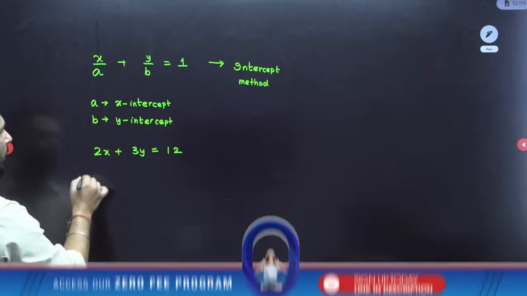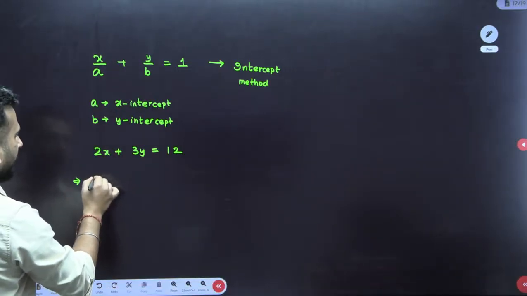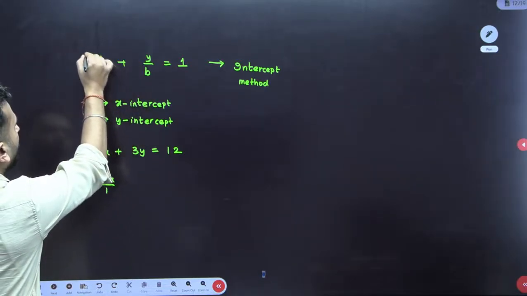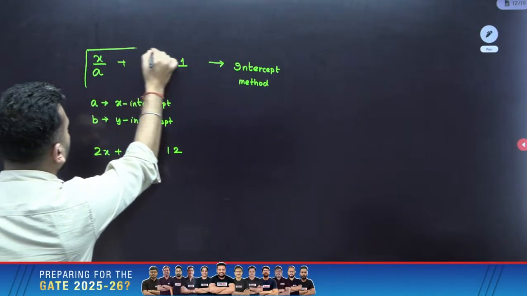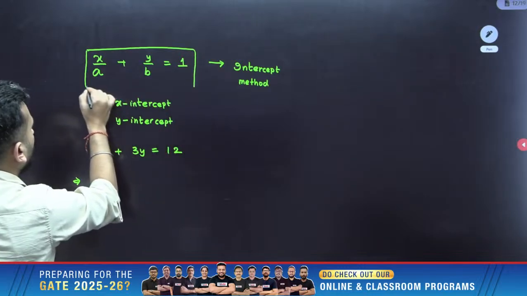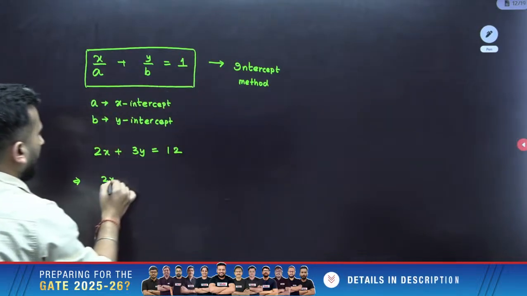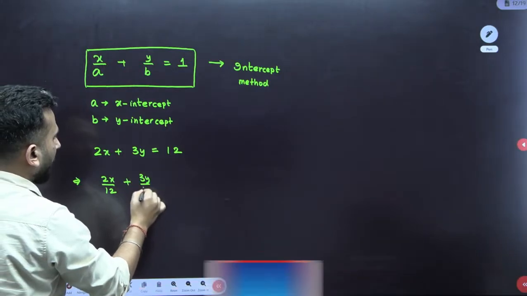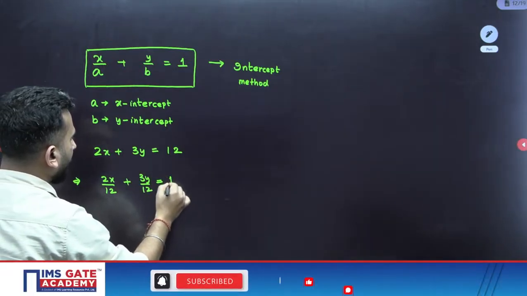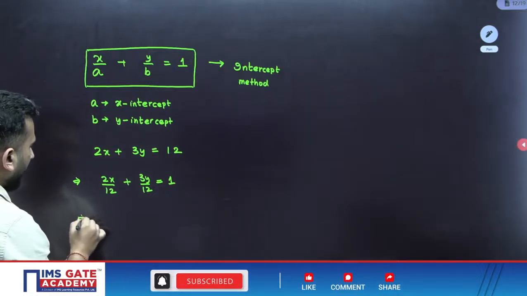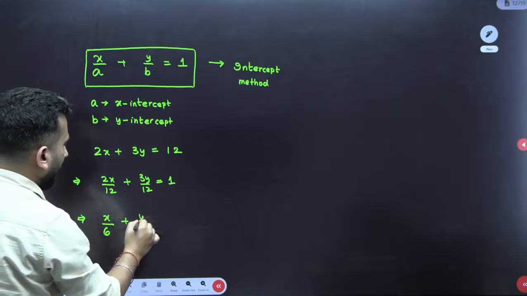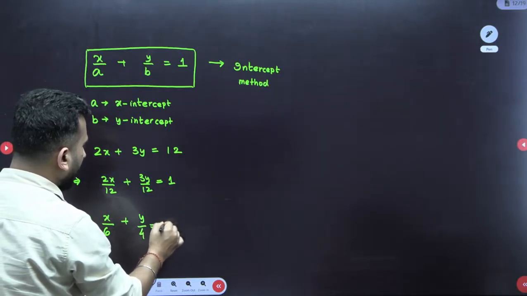I need to plot this on the Cartesian system. I just need to convert it into this form. So I can write 2x by 12 plus 3y by 12 is equal to 1. So again I can write x by 6 plus y by 4 is equal to 1.